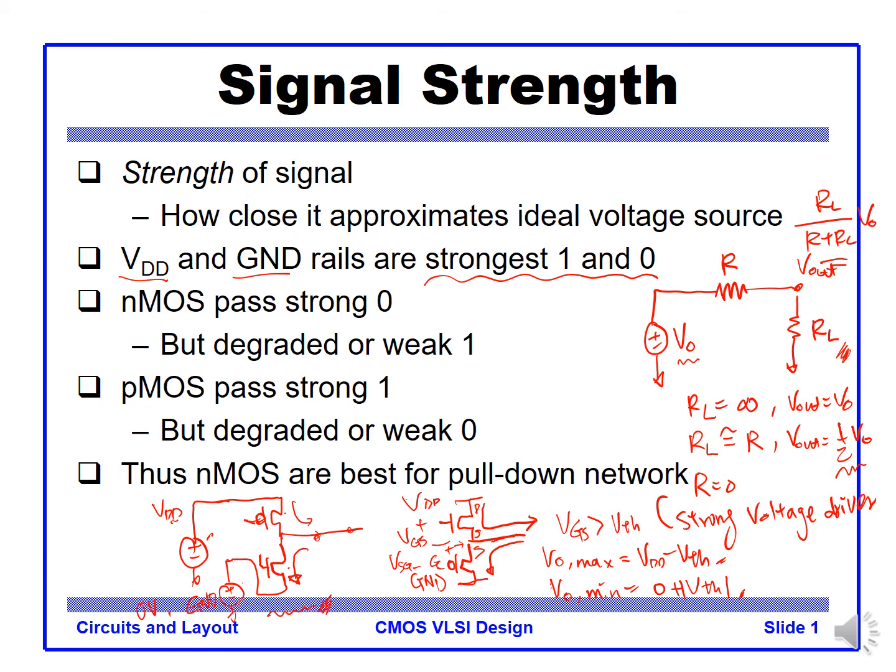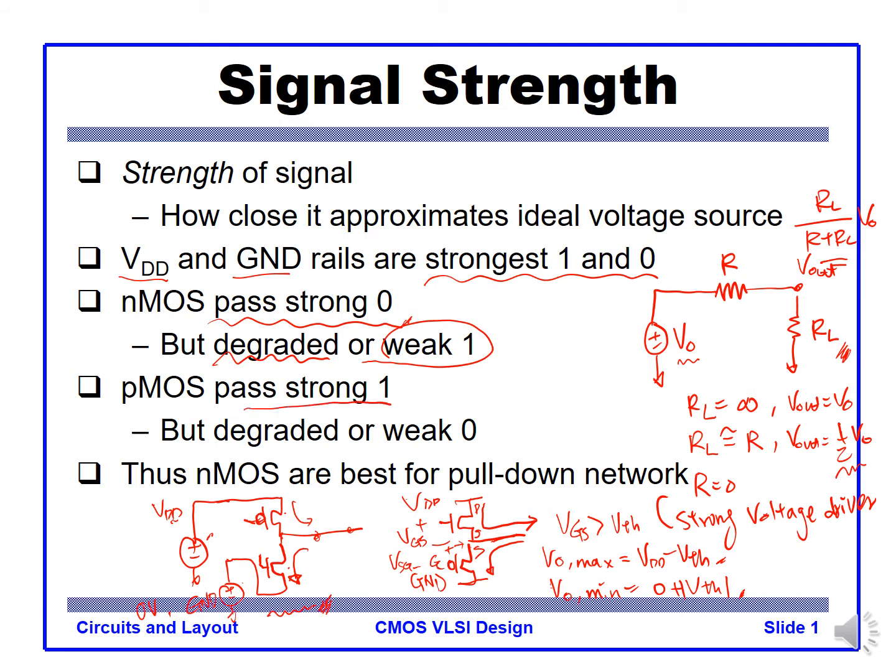So we define those two cases. NMOS can pass 0 very strongly, but NMOS cannot pass logic 1, so we drive a weak 1, or the output is degraded.